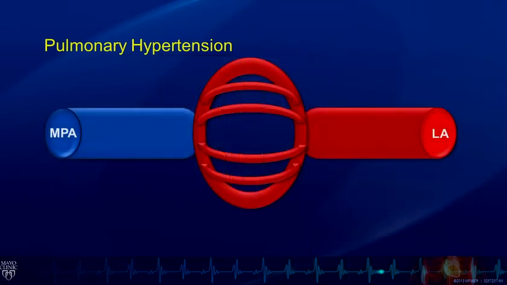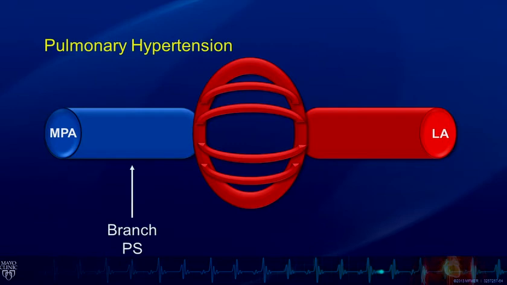If we do think that our TR velocity is elevated and estimates true pulmonary artery pressure, we do need to recall that there are other reasons to have high main pulmonary artery pressures without significant intrinsic vascular disease. And one thing in congenital heart disease that we do often see is branch PS.